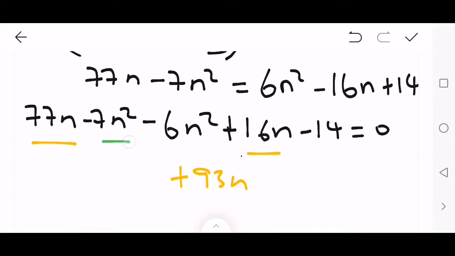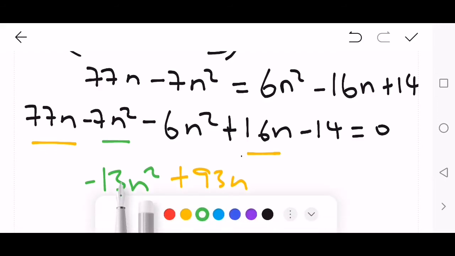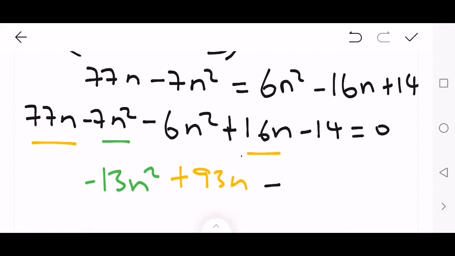And we also have minus 7n squared minus 6n squared, that's going to be minus 13n squared, and then we're just going to be left with a minus 14, equals 0.